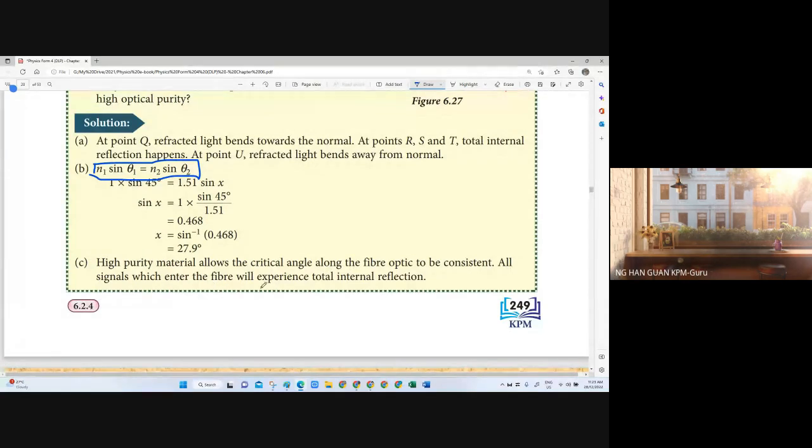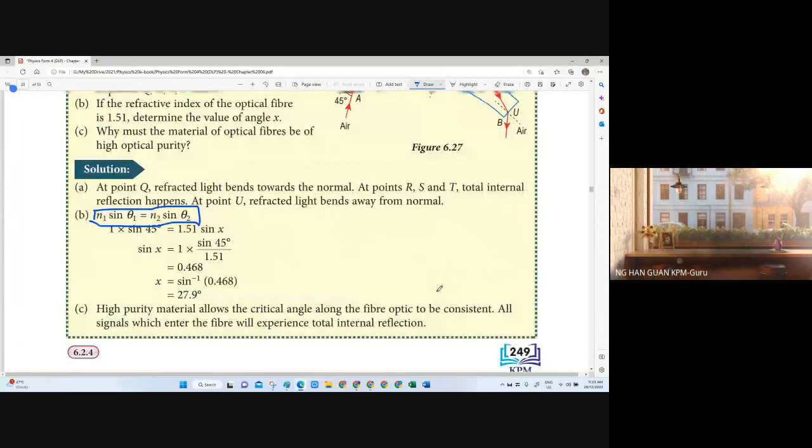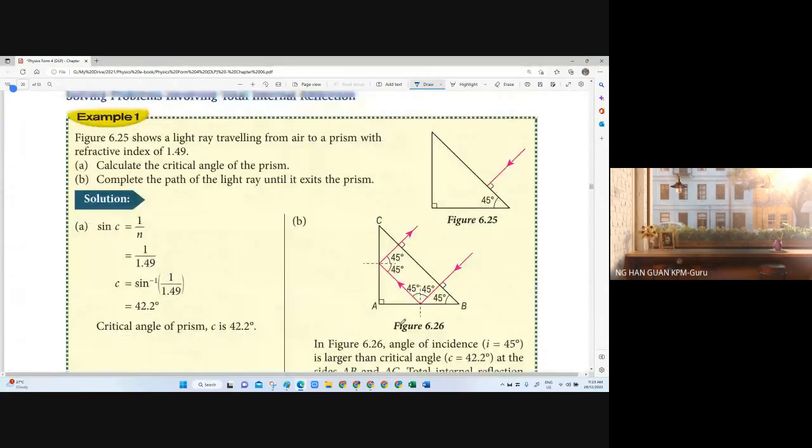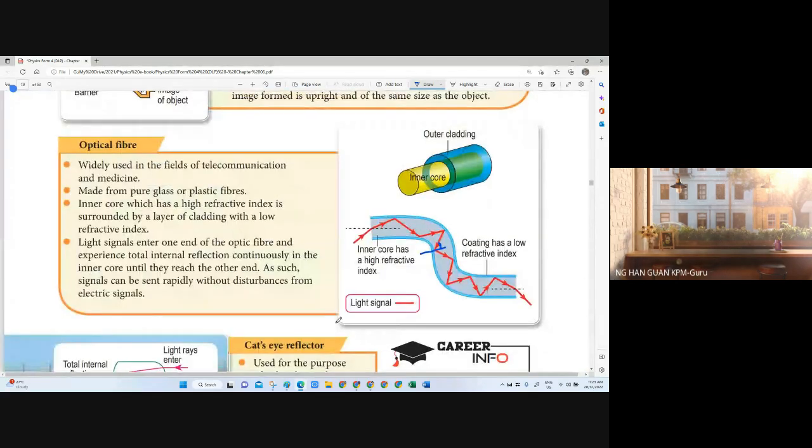All signals entering the fiber will experience total internal reflection, right? So that's the answer you can use. Also here, it is made of a glass inner core and outer layer, so the signal can be sent repeatedly without disturbance from electrical signals. That is the design of the fine optical fiber.